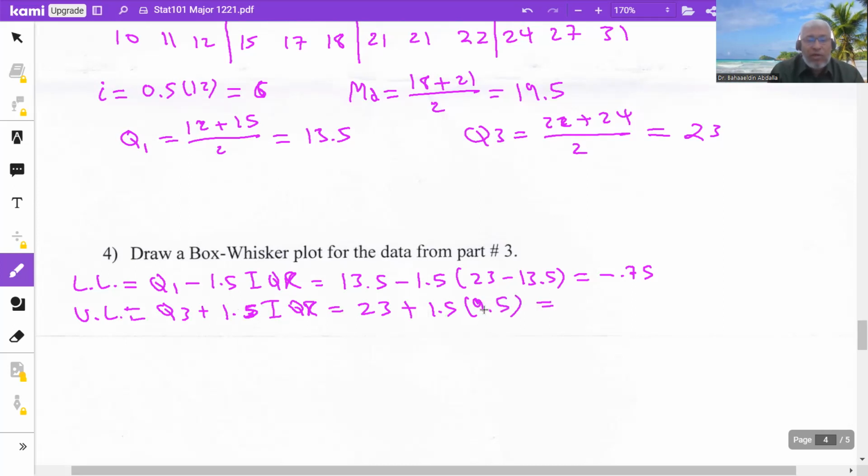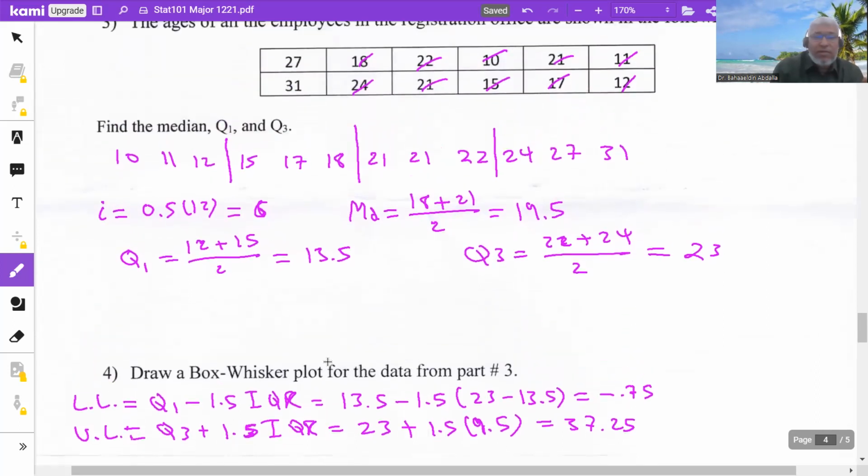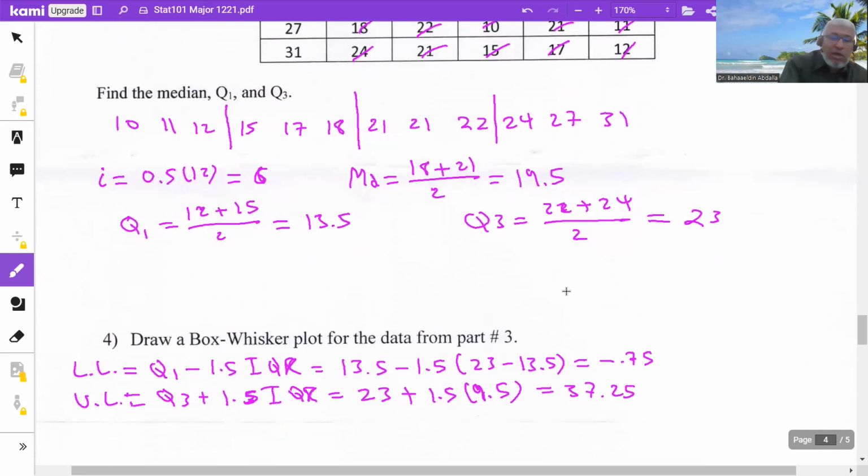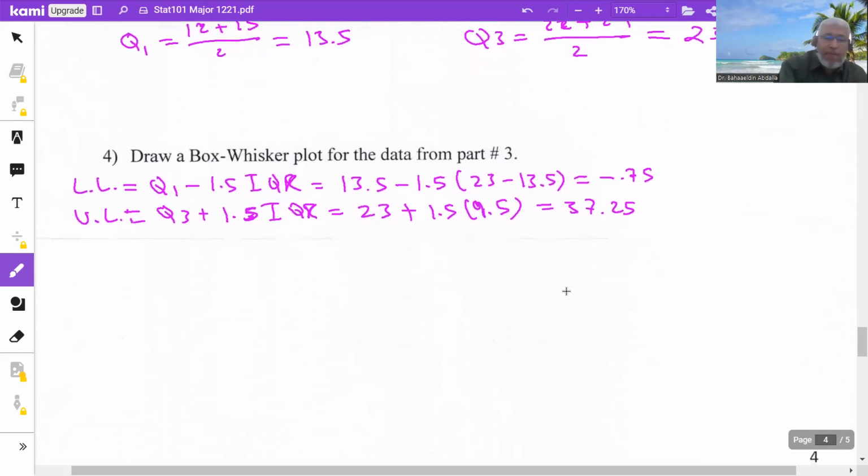If you calculate, the answer is 37.25. If you look at the data, the smallest is 10, while the lower limit is negative 0.75, so there are no outliers from the left side. The upper limit is 37 and the largest is 31, so there are no outliers in this data.